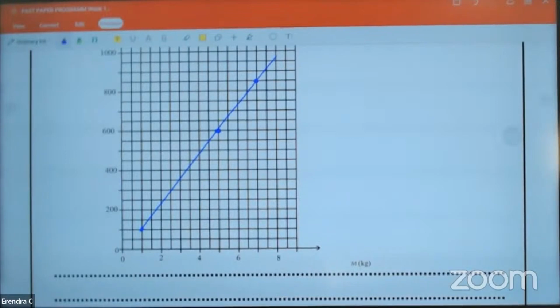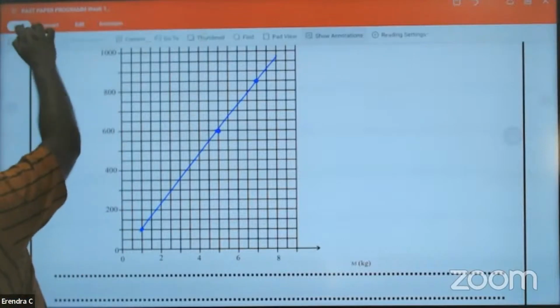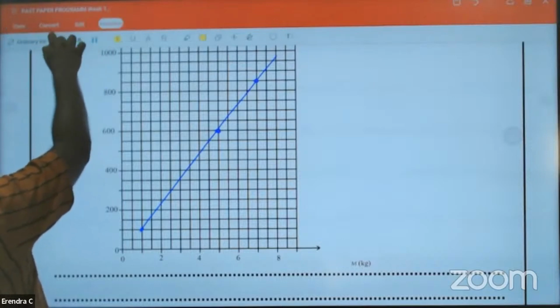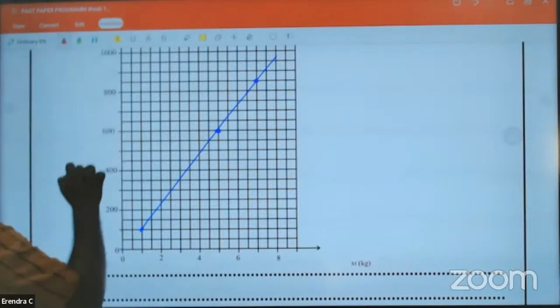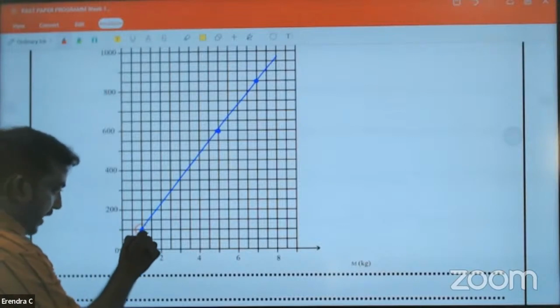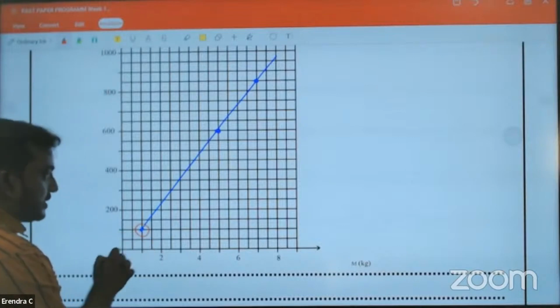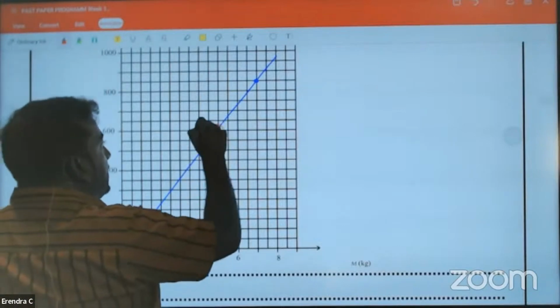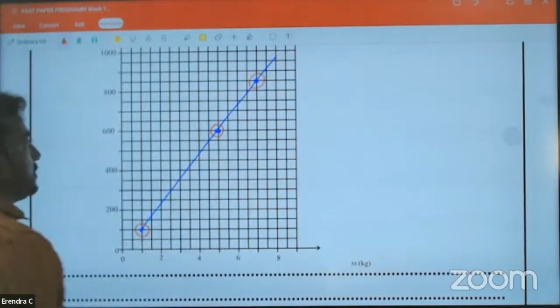Mark with arrows a suitable place where we can use to find the gradient. You must find a location where it exactly crosses the grid. These three locations are suitable.